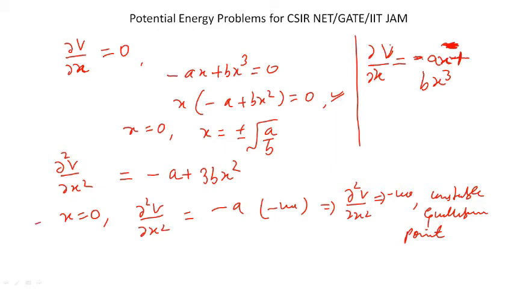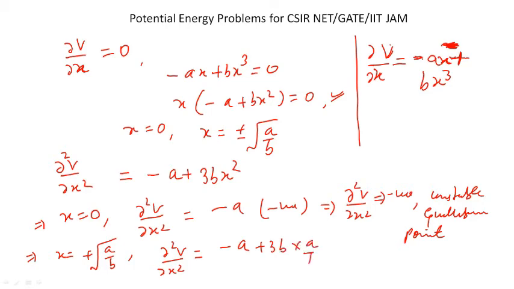Now for the second point, that is x equal to, we can take both as plus or minus, the result will be same. So if we take x equal to plus root a upon b, then you see here that del 2v over del x2 will be equal to minus a plus 3b, times a upon b.